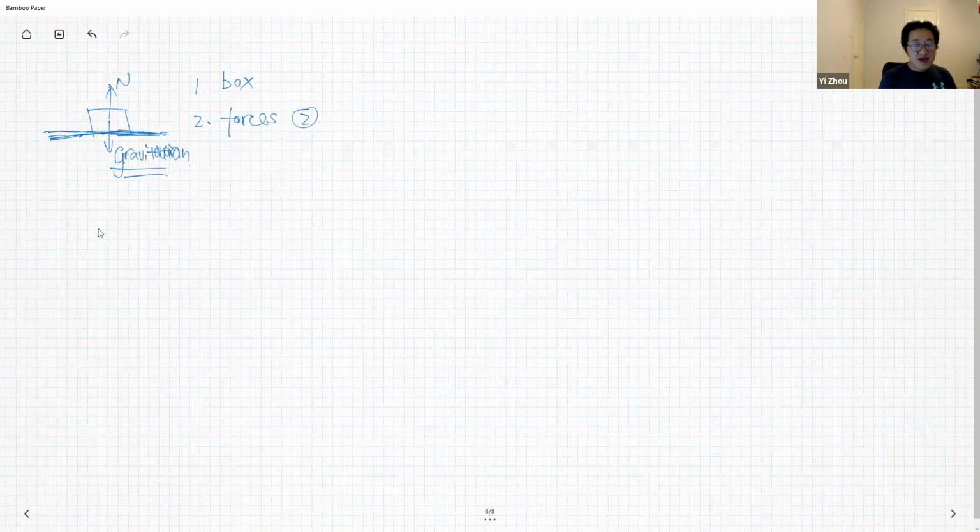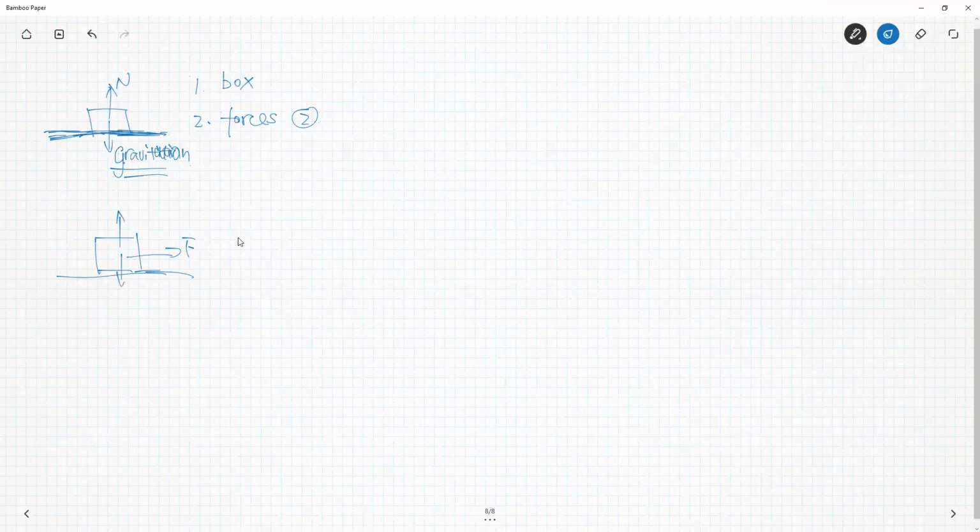Okay, now let's make it a little more complicated. If I apply a force to the left, how many forces are now working on this box? 4. Which 4? Friction, normal, gravity.